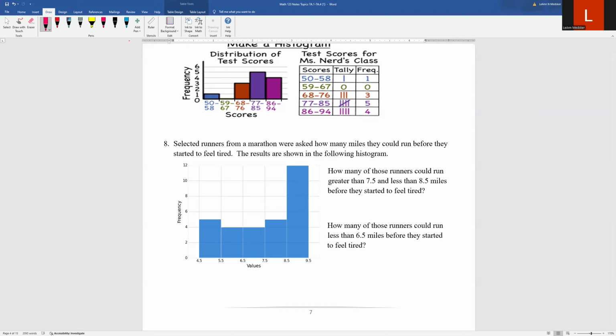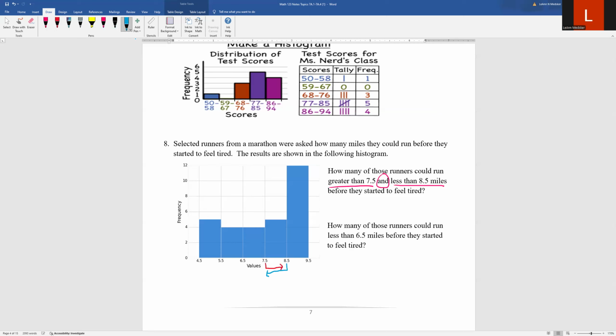Selected runners from a marathon were asked how many miles they could run before they started to feel tired. So this is a survey they took. How many of those runners could run greater than 7.5 and less than 8.5 before they started to feel tired? I usually start with the greater than case first because that's the lower number. So greater than 7.5 is heading this direction, but I can't keep going forever because at the same time, I also have to be less than 8.5.